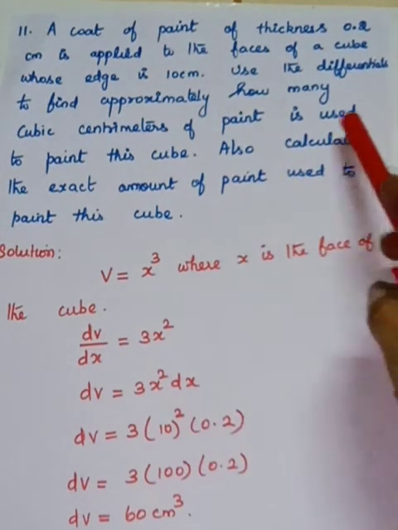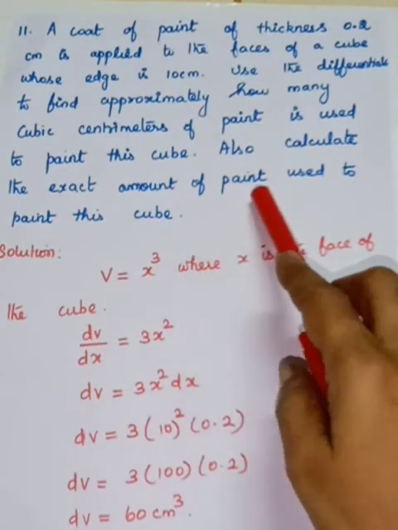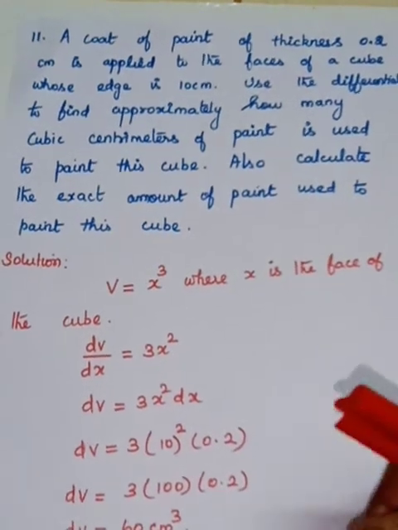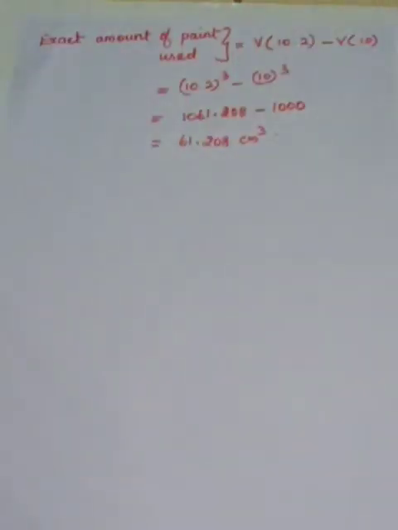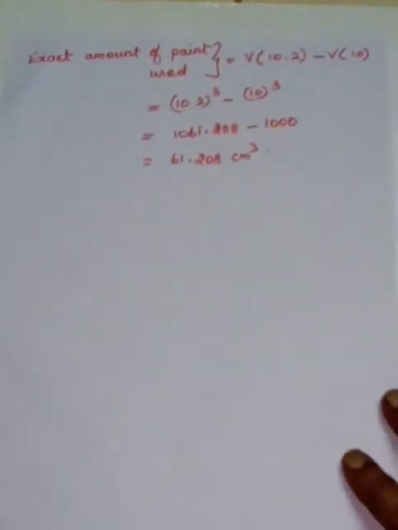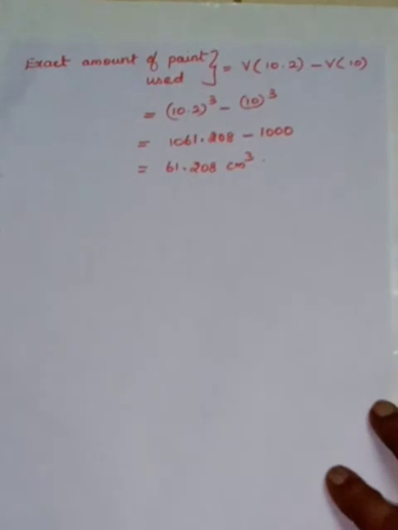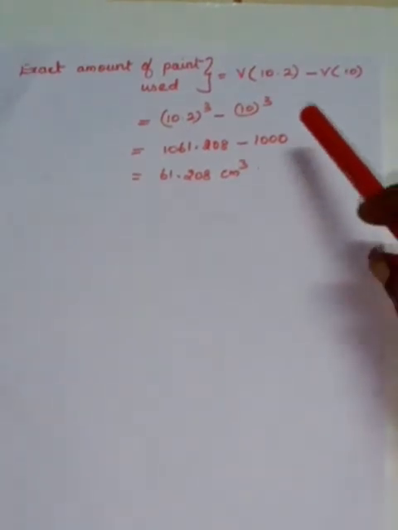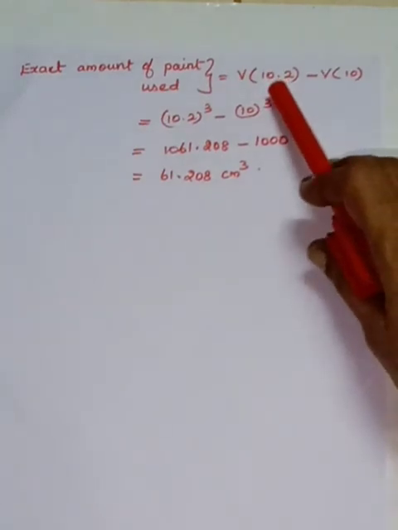Also, calculate the exact amount of paint used to paint this cube. Okay, so see now how to calculate the exact amount of paint used. Volume at 10.2 minus the volume at x equal to 10. What is V? V is equal to x cube. So in the place of x, here you have 10.2.